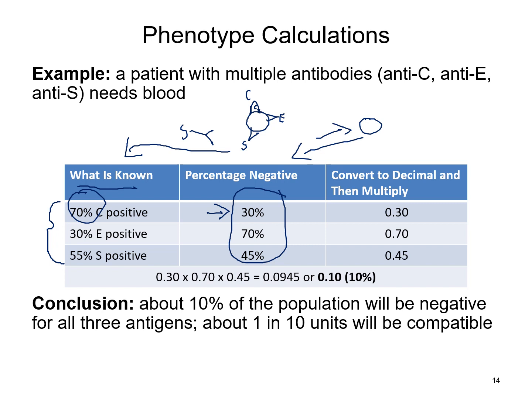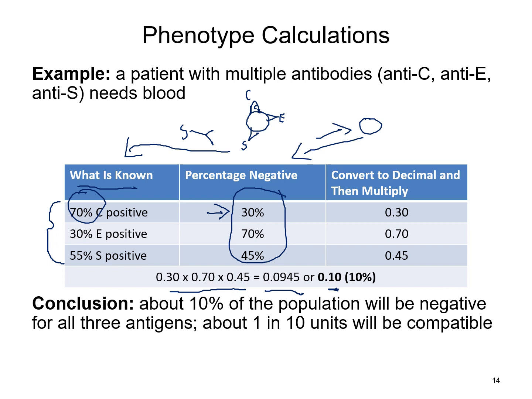Now, are they negative for all three? Well, we don't know. But by doing some calculations, we can figure out, based off of this percentage of being negative, how many of those patients would actually be negative for all three. So you take those percentages of those populations and multiply all of them. Doing that multiplication gives you this, which, if you round to significant figures, is about 10% of the population negative for all three.